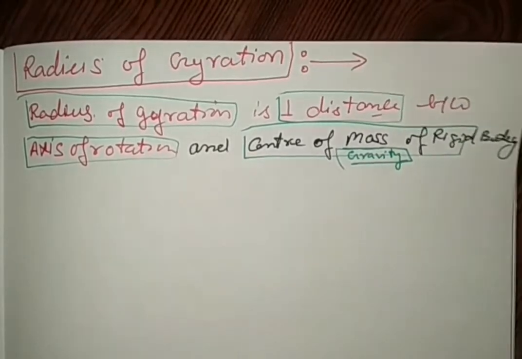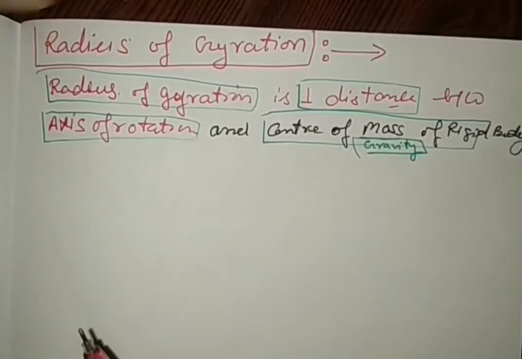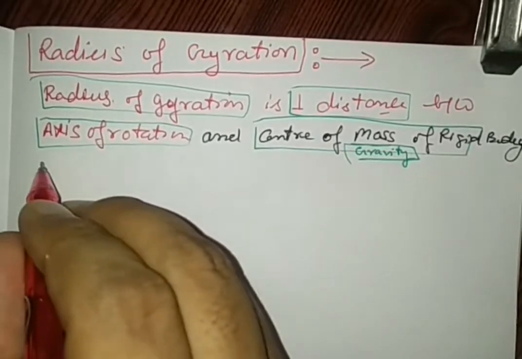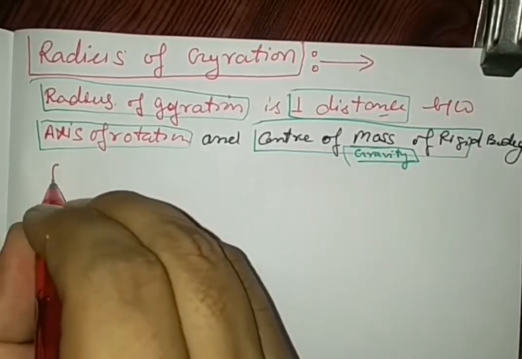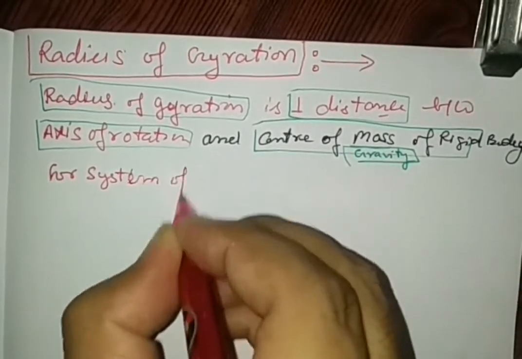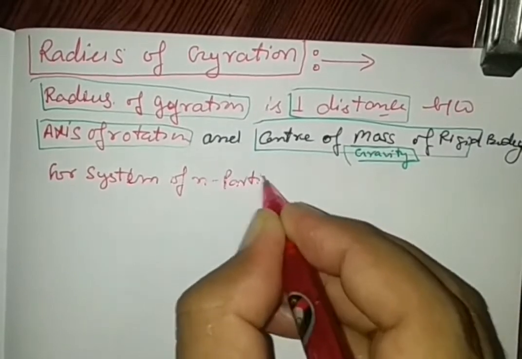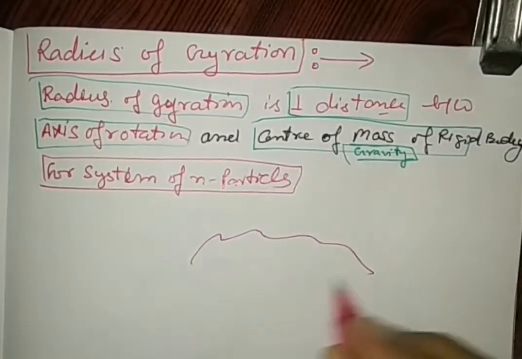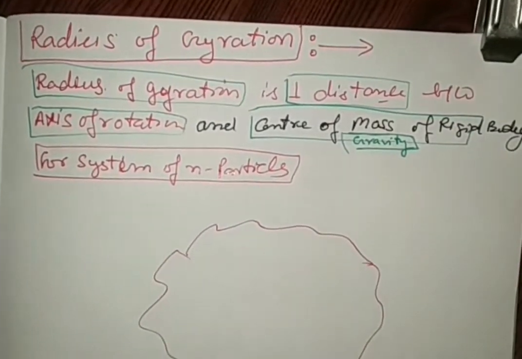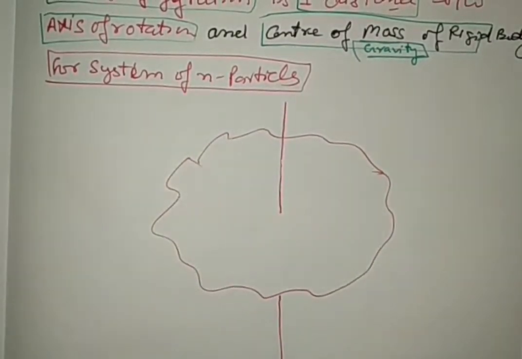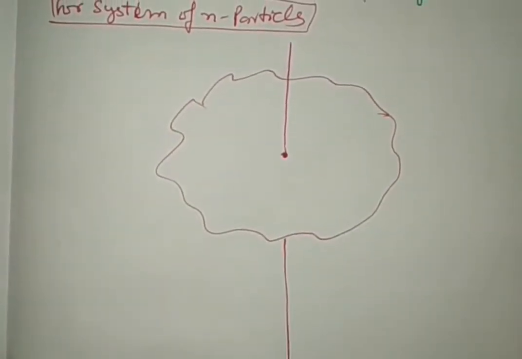To see the mathematical concept of radius of gyration, first of all, see the diagram for a system of n particles. Here in the system of n particles, this is the rigid body which rotates about the given axis of rotation.